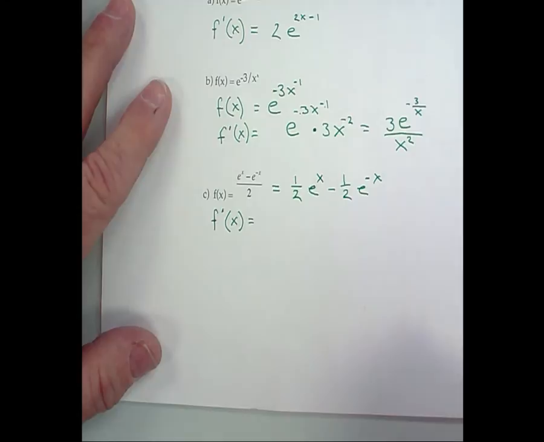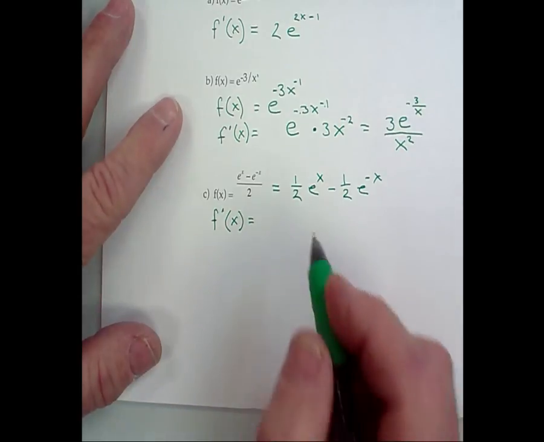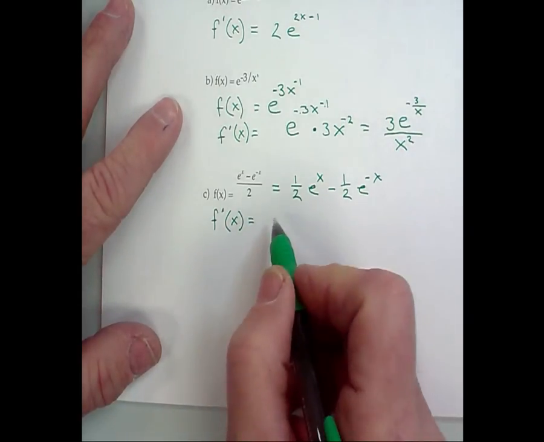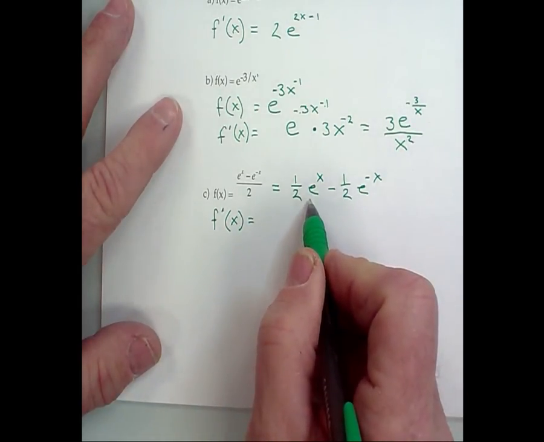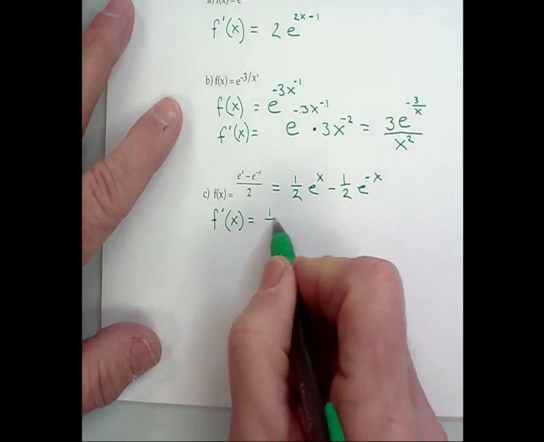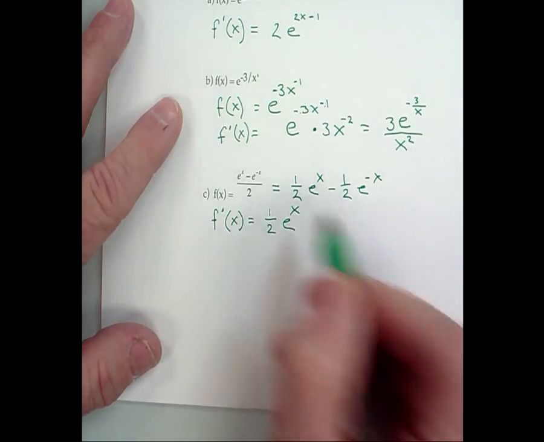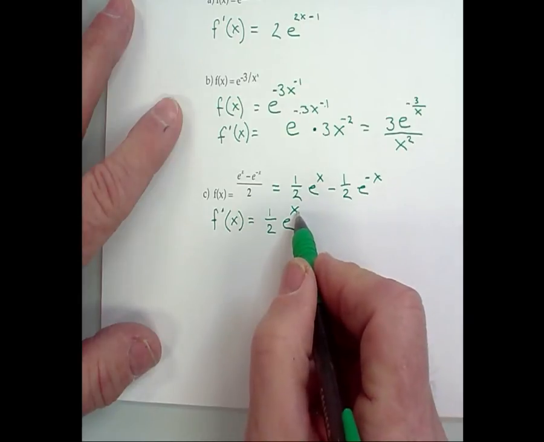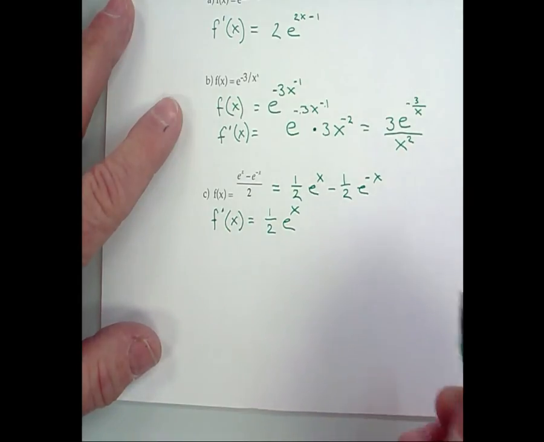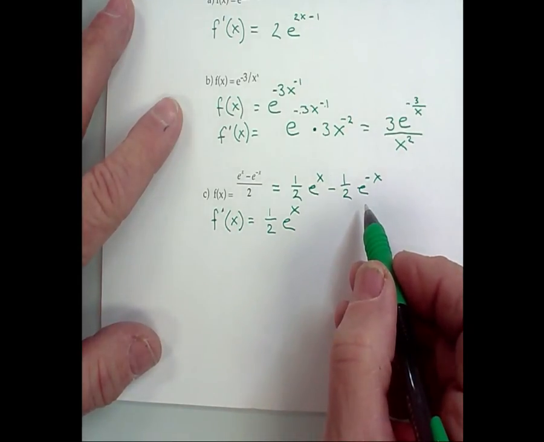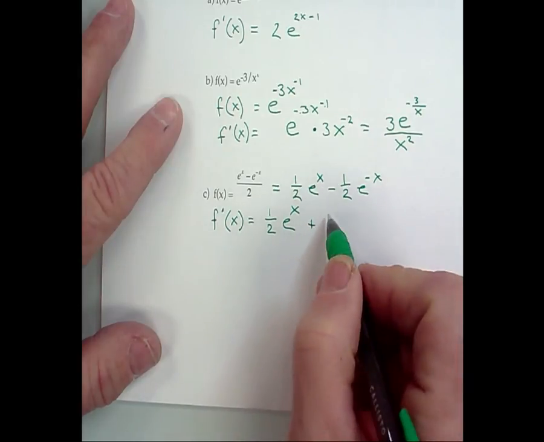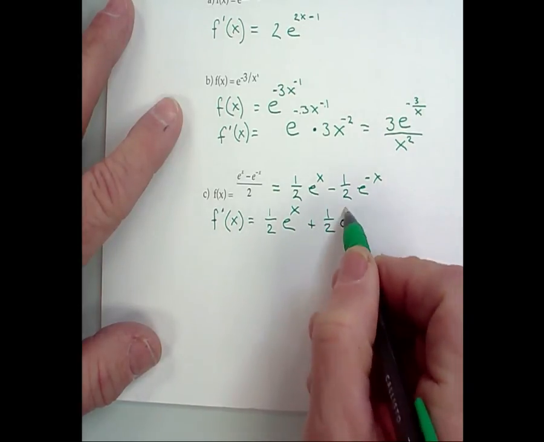I find it very helpful to write the coefficients like that. So what would the derivative be of this first term? It would just be 1/2 e to the x. Yeah, it's like nothing happened, because you're multiplying this by the derivative of x, which is 1. What happens here? Is it plus 1/2 e to the negative x? Correct.